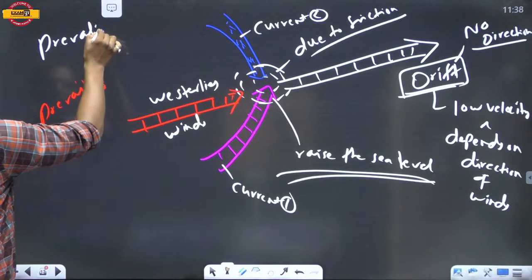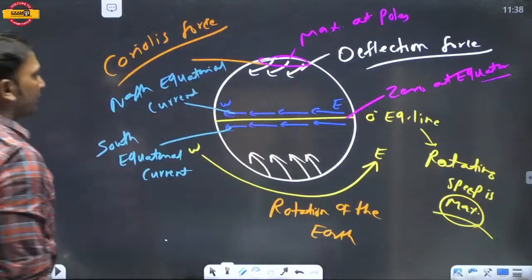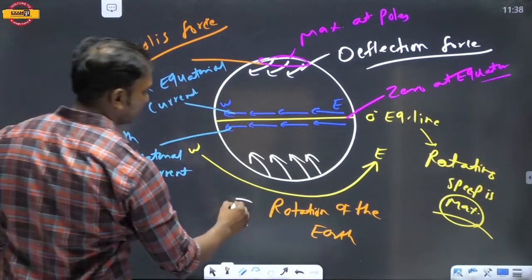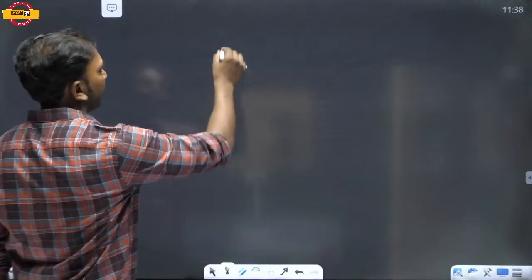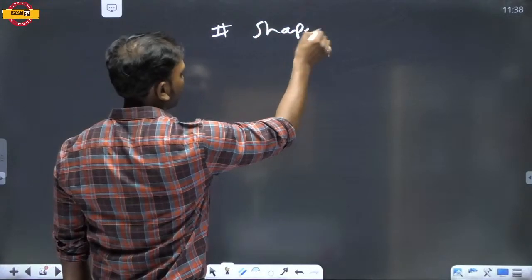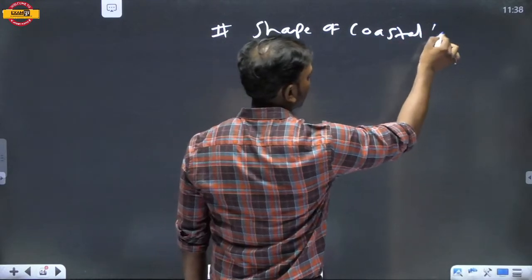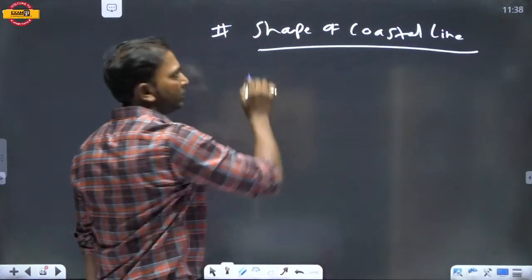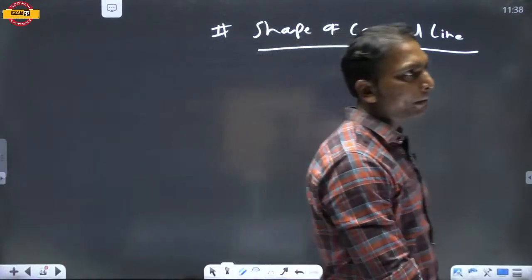Here we have discussed the rotation of the earth. And now we are coming to the shape of coastal line.